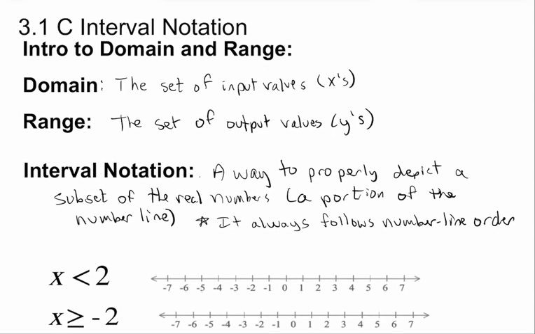Interval notation, remember, is a way to properly depict a subset of the real numbers. It's a portion of the real number line. I noticed on the last test or quiz that some of you were not putting your interval notation in number line order. It is depicting where you started on the number line on the left and where you stopped on the number line on the right.